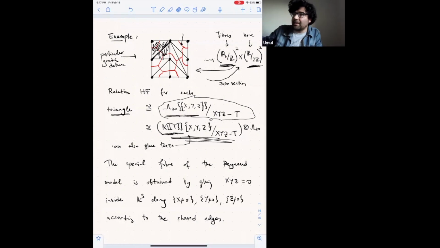And this means something very clear in the mirror, where you have a singular space, which is supposed to be mirrored to the complement. The wrapped Fukaya category is supposed to be mirrored to the category of coherent sheaves, all coherent sheaves.